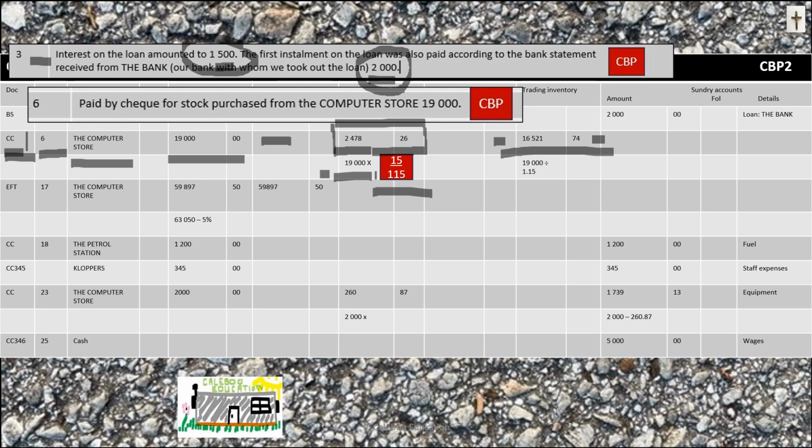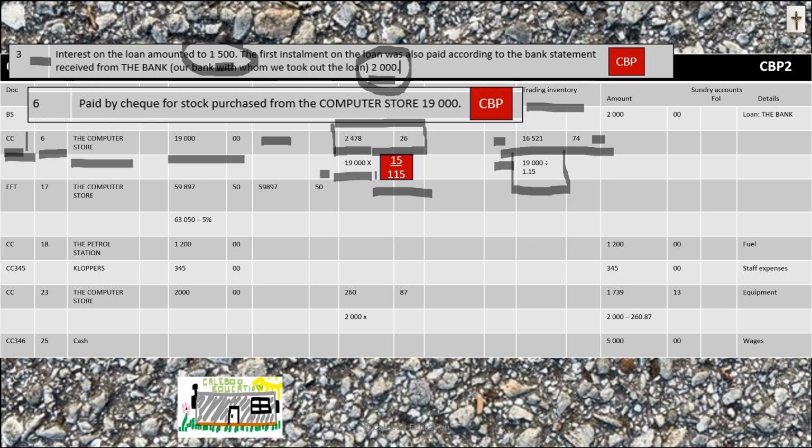16,521.74. Another quick way to calculate the amount excluding VAT, you can say the VAT inclusive amount of 19,000 divided by 1.15, and that will give you the amount that we paid for trading inventory excluding VAT.